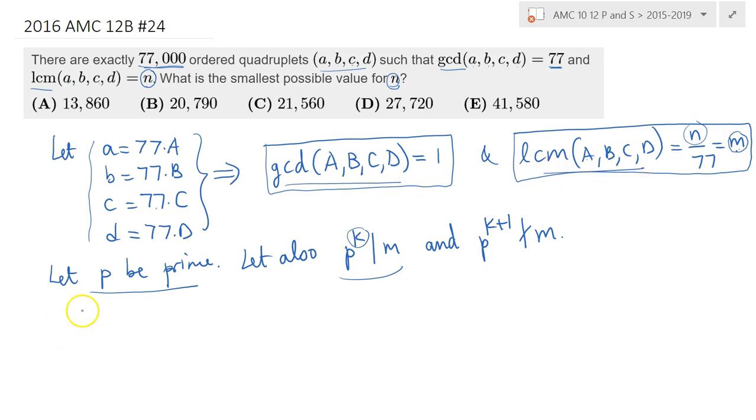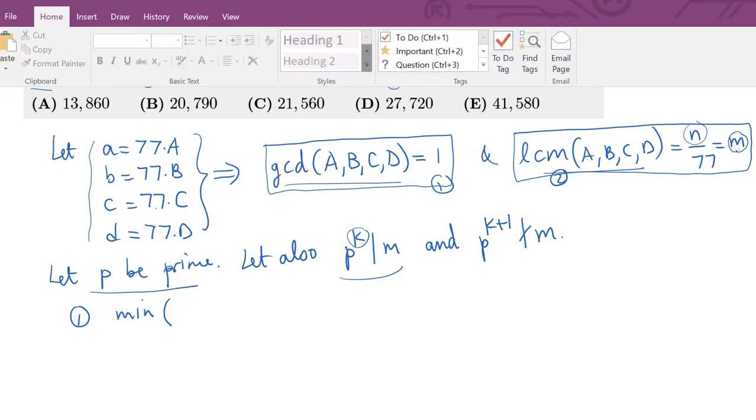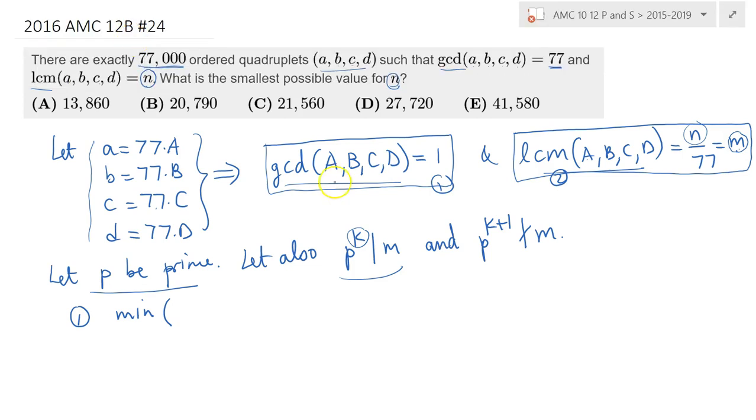Well, obviously, our system of equations, equations 1 and 2, translates as the following. So 1 becomes the minimum of, well, we need to express each of these in terms of prime powers. For instance, let's assume capital A has p to the power alpha and then some other primes in it.